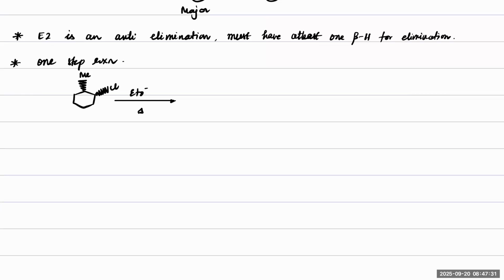Cl minus is a good leaving group, and while it is going from inside, the hydrogen has to go from outside. So both hydrogen and chlorine should be opposite to each other. You can notice here, because methyl is inside, hydrogen is outside. That's how the major product will be. This is major.